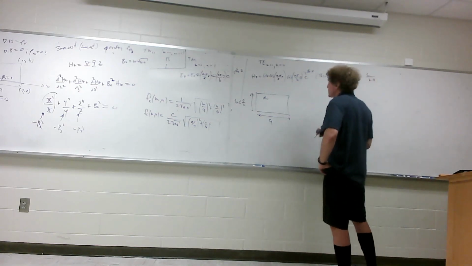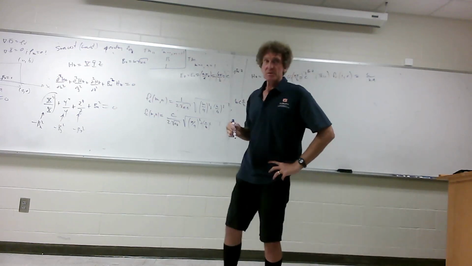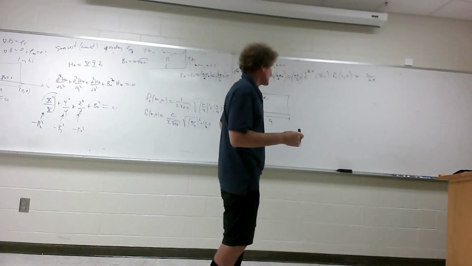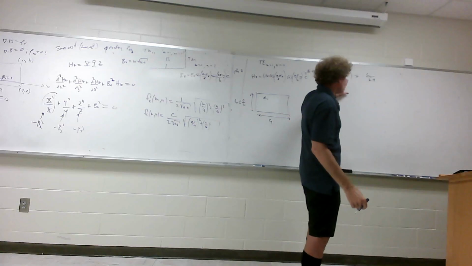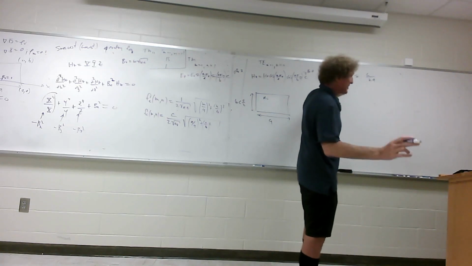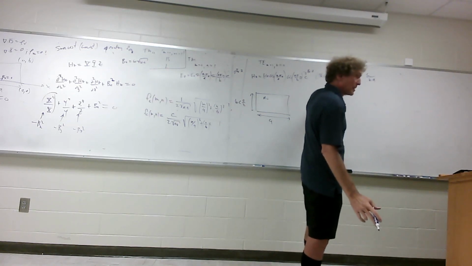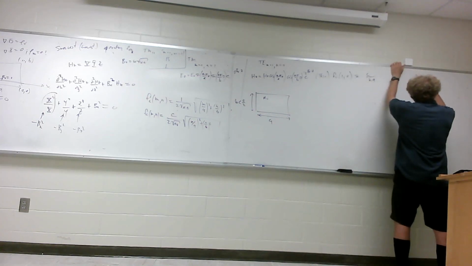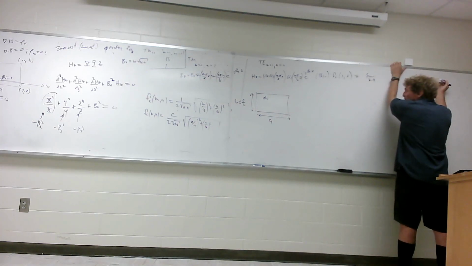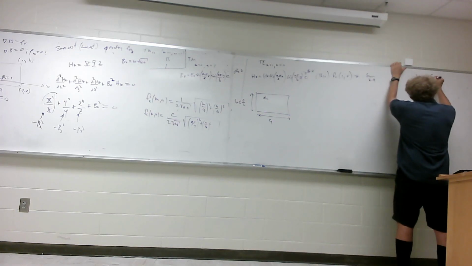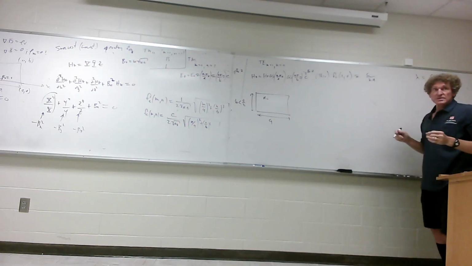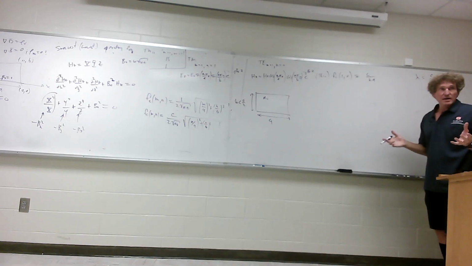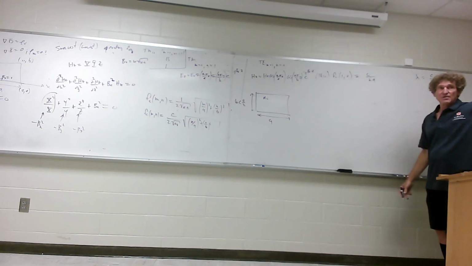That's the TE10 mode. I want you to take a look at this for a second. Now think. If that's the cutoff frequency, what is wavelength in terms of frequency if we're propagating in air or in a vacuum? It's C over F, right? Do you agree with this? Just let me know I'm talking to you.